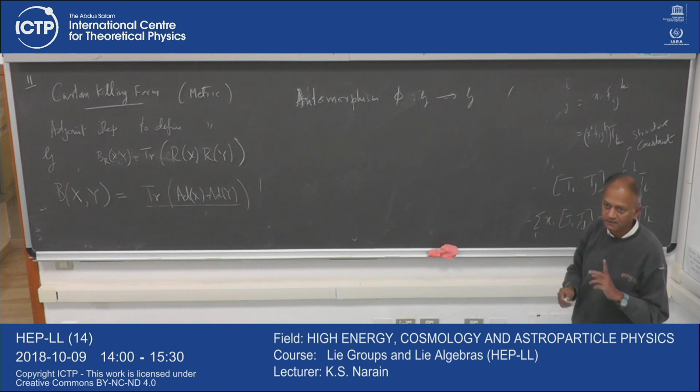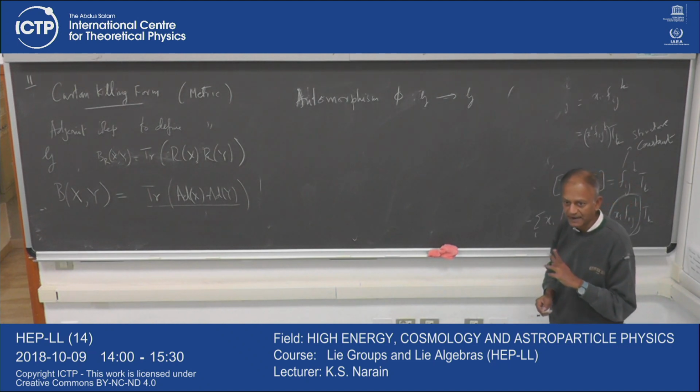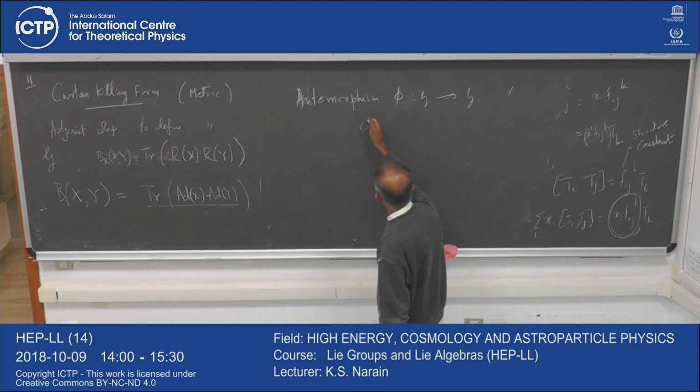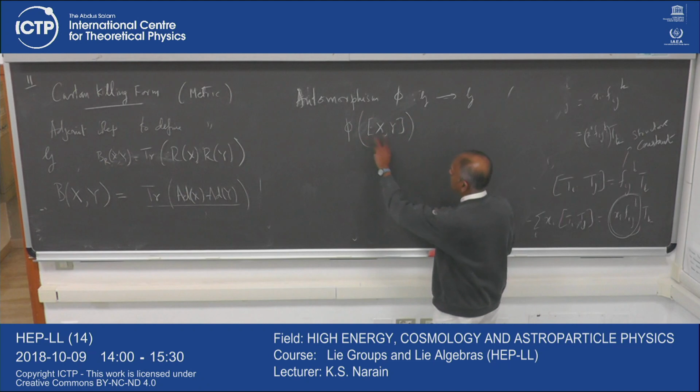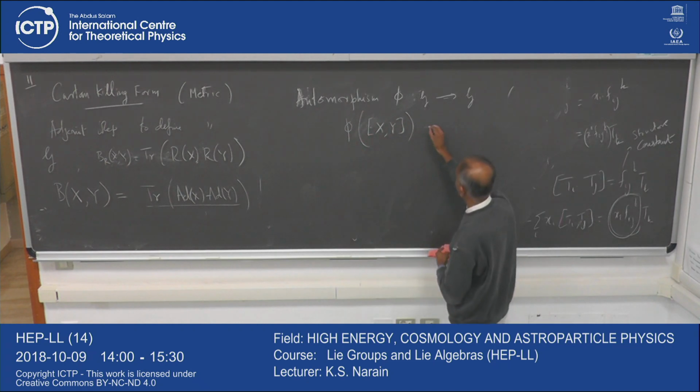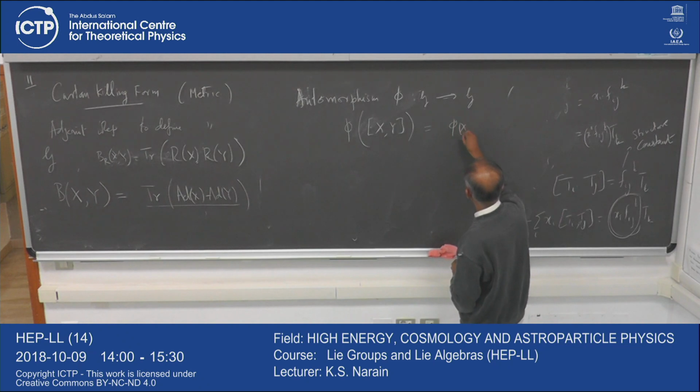But it also preserves the bracket, which is the most important thing, the Lie bracket. So if I take the commutator of x and y and look at how it is mapped under phi, that is the same as the commutator of phi of x and phi of y.